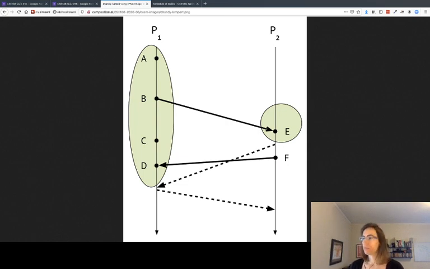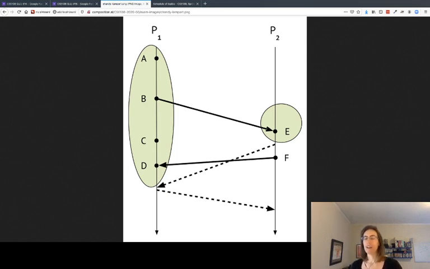What went wrong? Well, if you look at the marker message that got sent from process 2 to process 1, notice how that marker message crosses over the message that goes from event F to event D. Recall that an assumption that the Chandy-Lamport algorithm makes is that channels are going to have FIFO behavior.